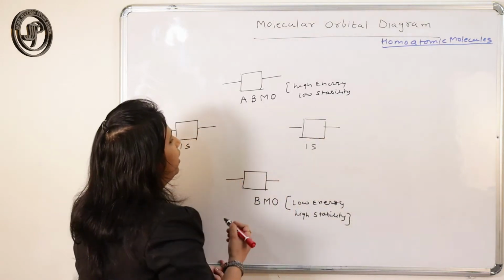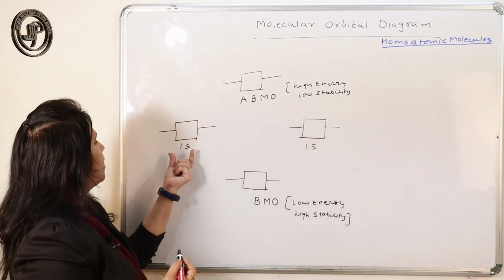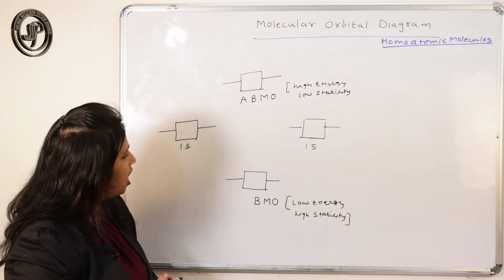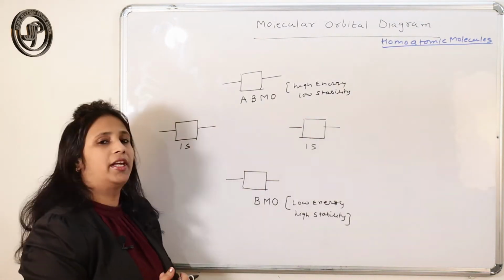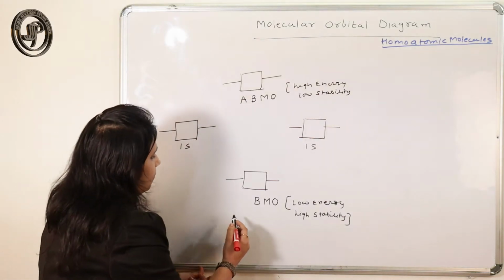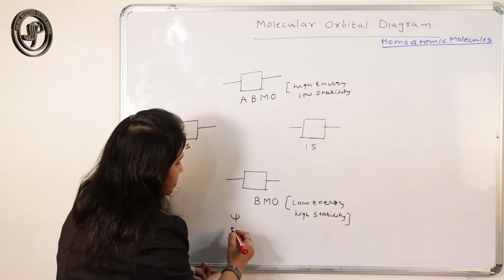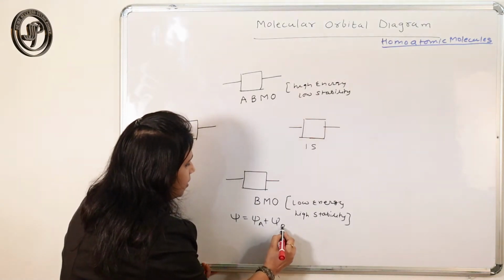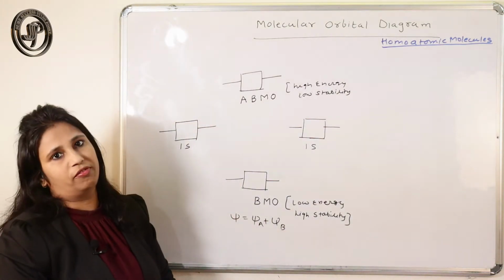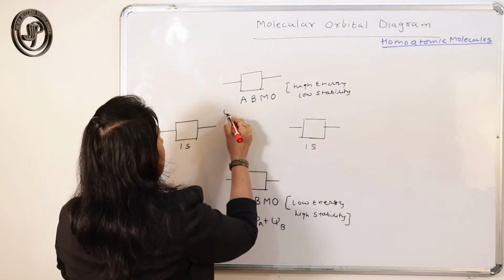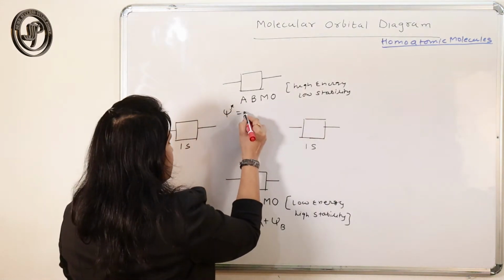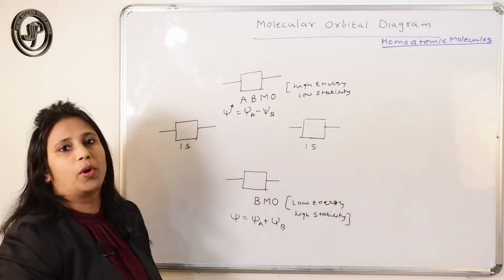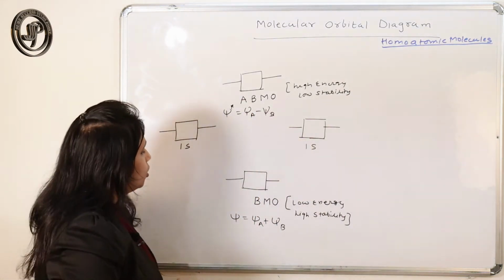If we consider the atomic orbitals as a wave function psi, then the bonding molecular orbital can be expressed as the addition of the two wave functions, and the anti-bonding can be expressed as the subtraction of the two wave functions.